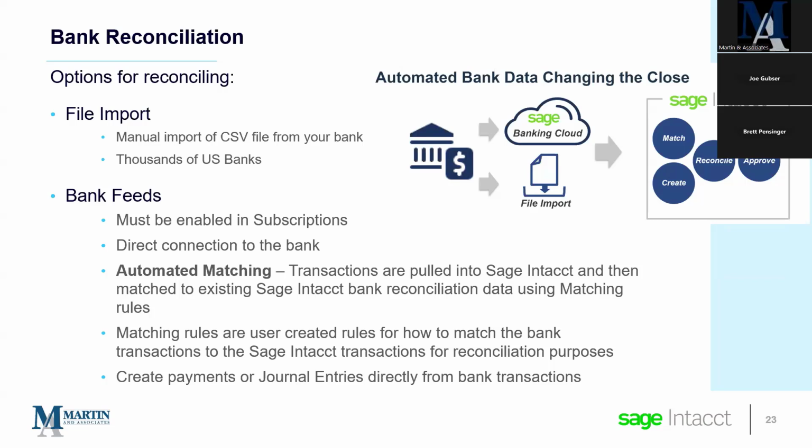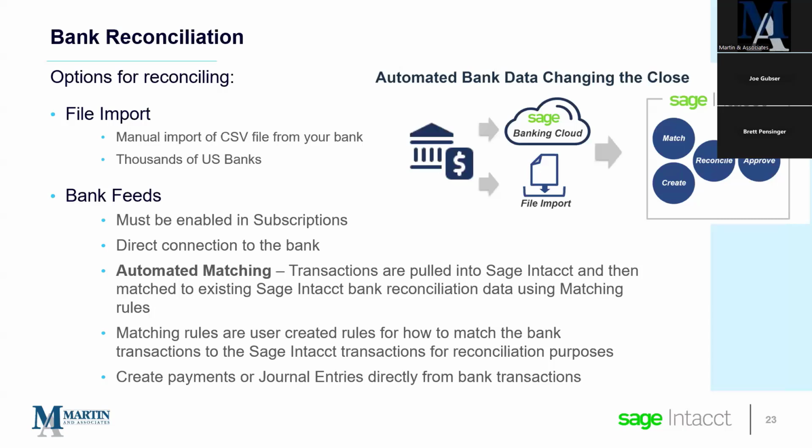Or you can turn on bank feeds, and bank feeds are a direct connection to your bank. And then you set up matching rules. So real-time data is coming in from your bank as checks clear, deposits clear, all that. And it automatically pulls that into Intacct, tries to match it up against transactions you have in the system already, and clear them.